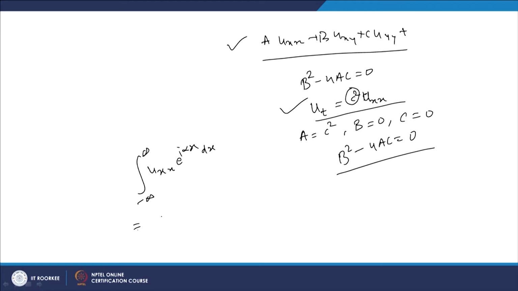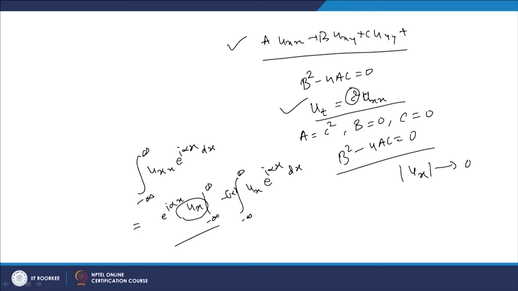So we write first function integration of second, that is u_x between minus infinity and infinity, minus integral of the derivative of e to the power i alpha x, so i alpha will come out, dx. Now if you look at the boundary conditions, as x tends to infinity we assume that the derivative u_x is tending to 0.